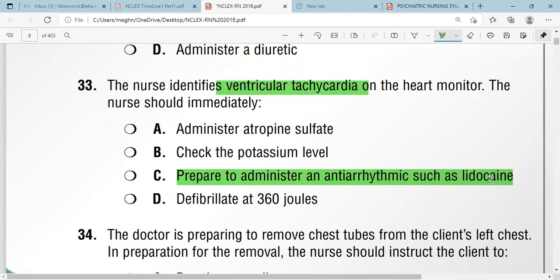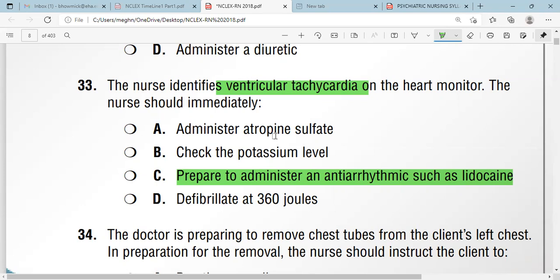A precordial thump is sometimes successful in slowing the heart rate, but this should be done only if a defibrillator is available. But in this question, nothing is said about whether a defibrillator is available or not. In answer A, atropine sulfate will speed the heart rate further. My patient has tachycardia. If I give atropine, it will be worse.